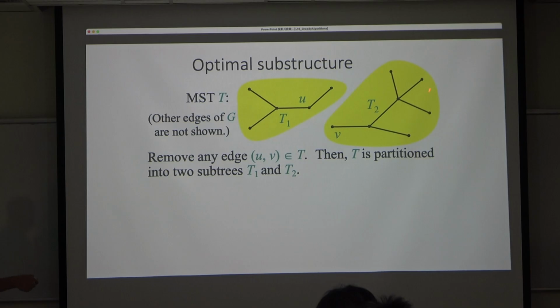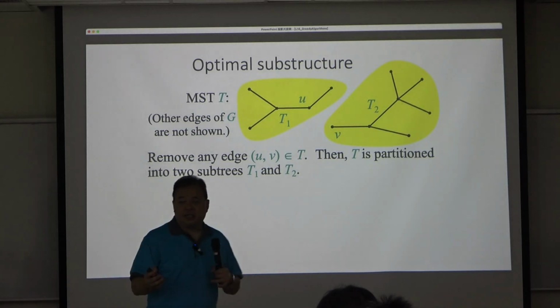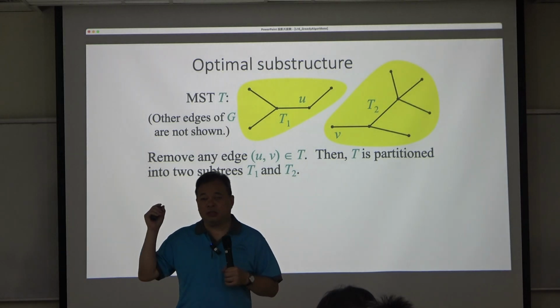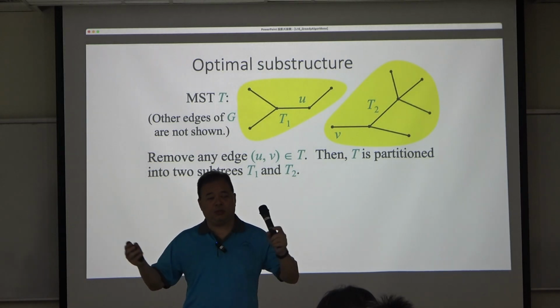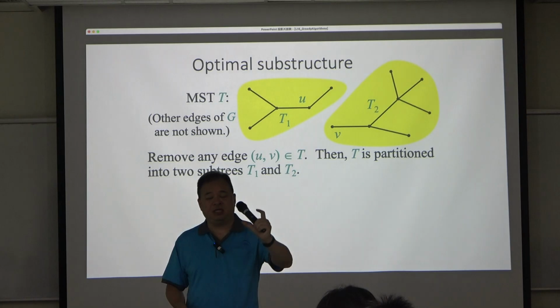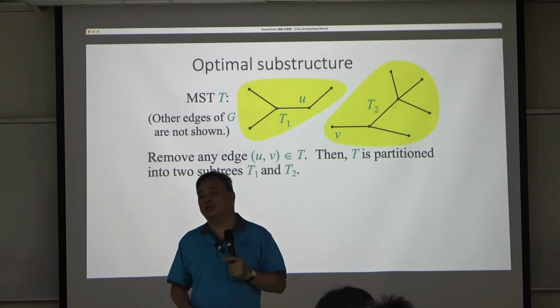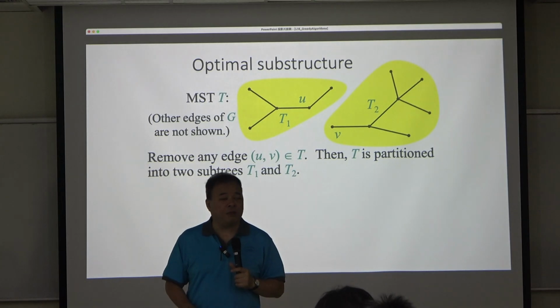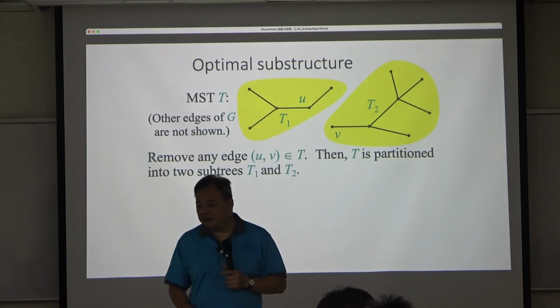This is T1, this is T2, obviously, right? Just, for an MST, if you remove any edge, it's going to break your tree into two parts. Each part is also a tree, right? Okay?